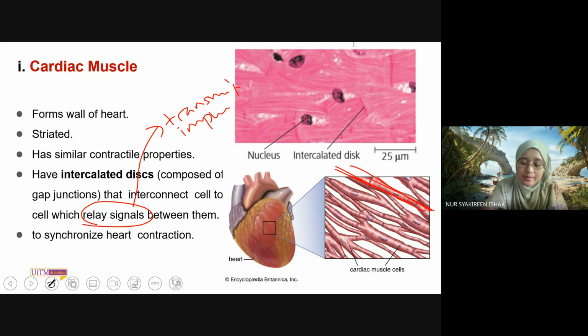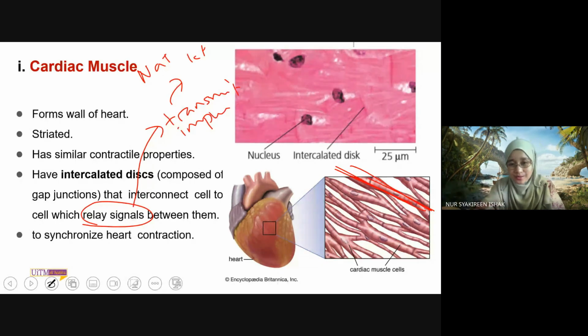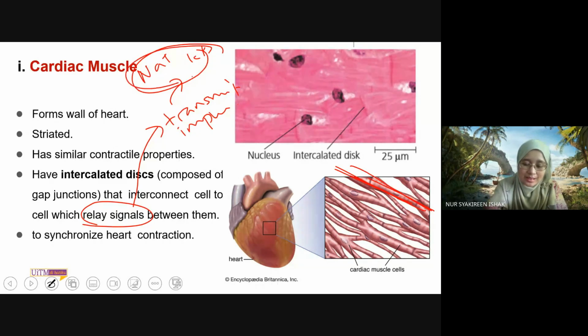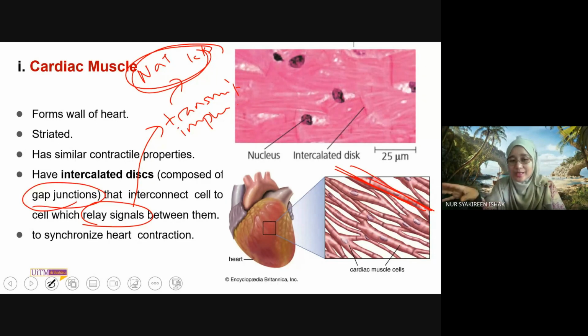Impulse is due to the movement of ions, sodium ion and potassium ion, in and out of the cell. But for the heart to be able to contract really quickly, these ions have to be transmitted from one cell to another cell really quickly. The movement of these ions is through gap junctions. Hari tu kita tengok gap junction, right?